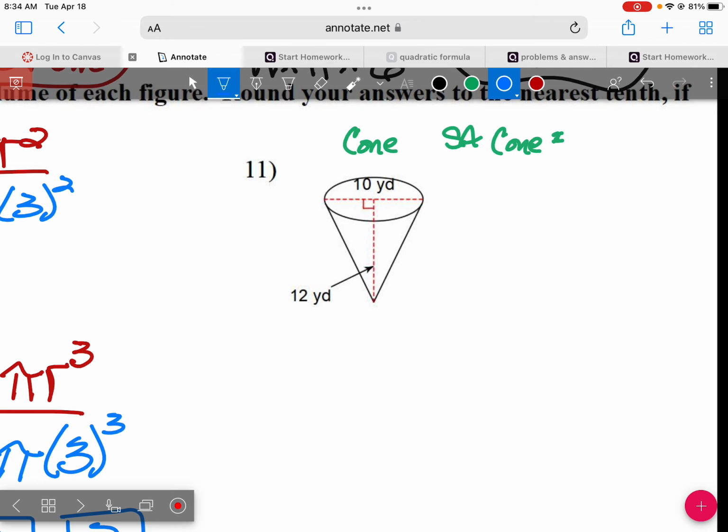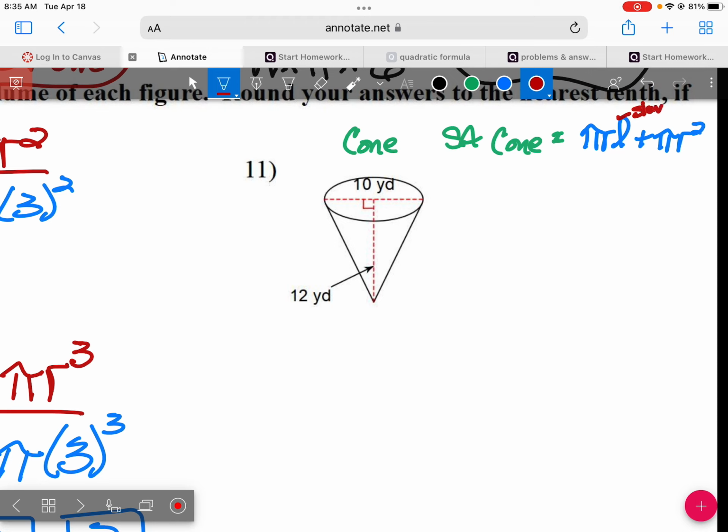Come on, guys. Okay. Pi times radius times that cursive L. That cursive L is not just regular length. That is slant height.